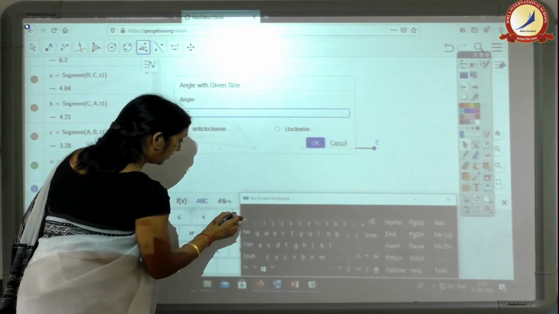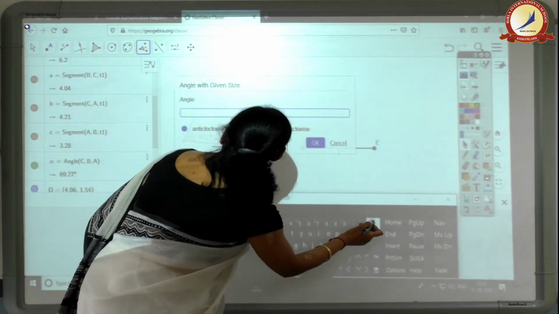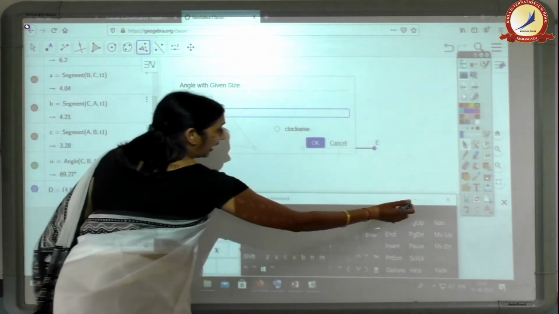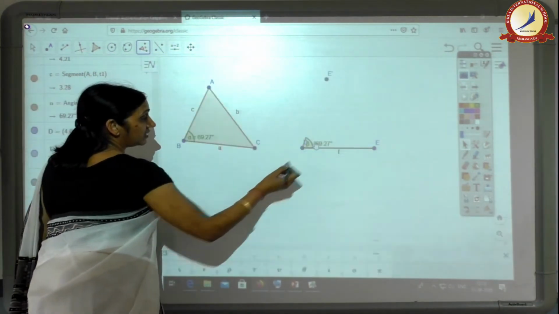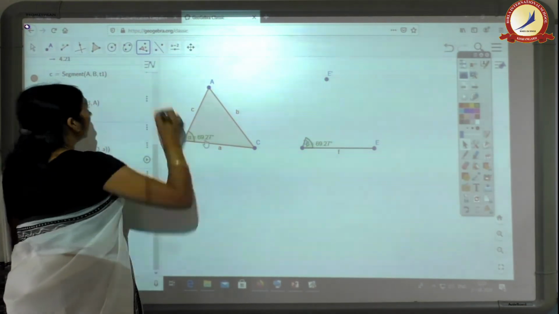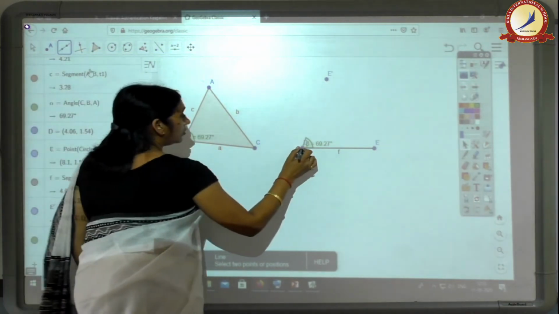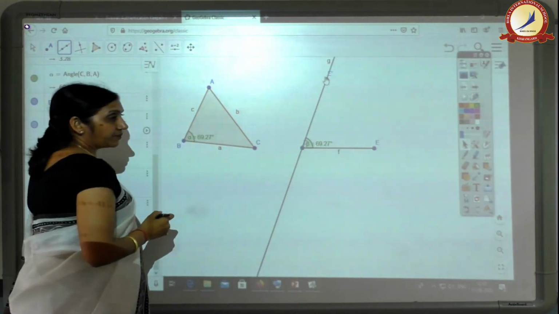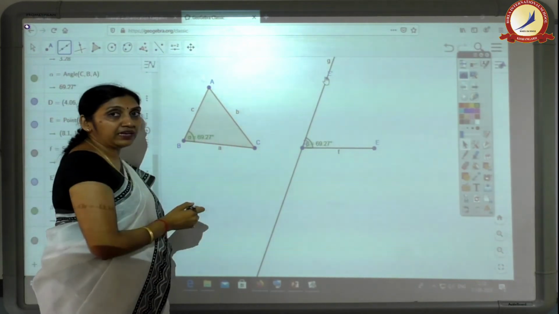Let me just expand this. Okay, delete the 45 degree, and then I will select alpha because I have to construct the same angle as alpha. Now using the line tool, draw these two line segments. Now I have to draw the two line segments of length C and B.